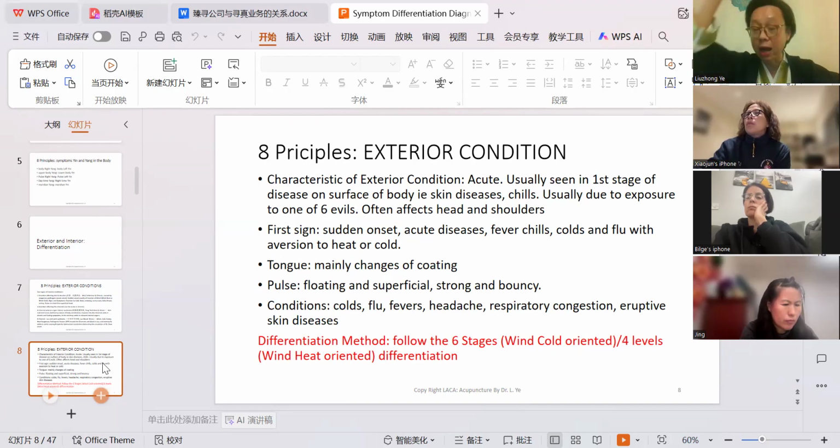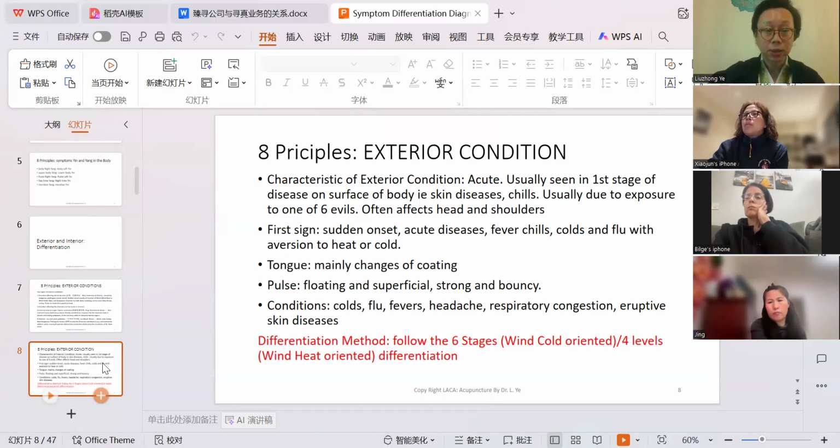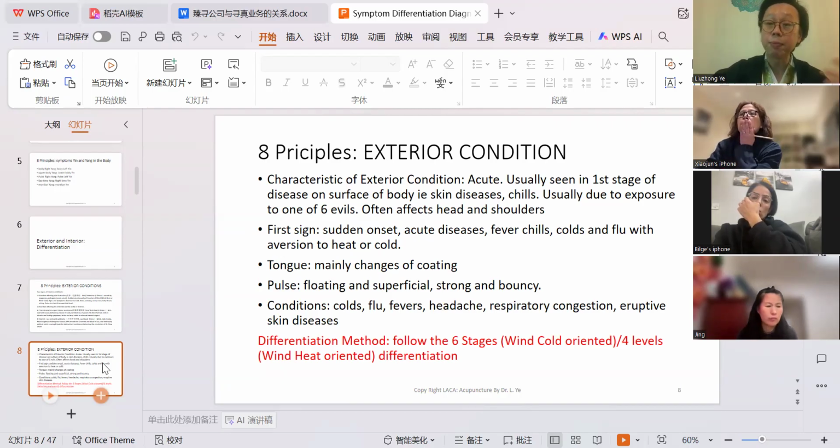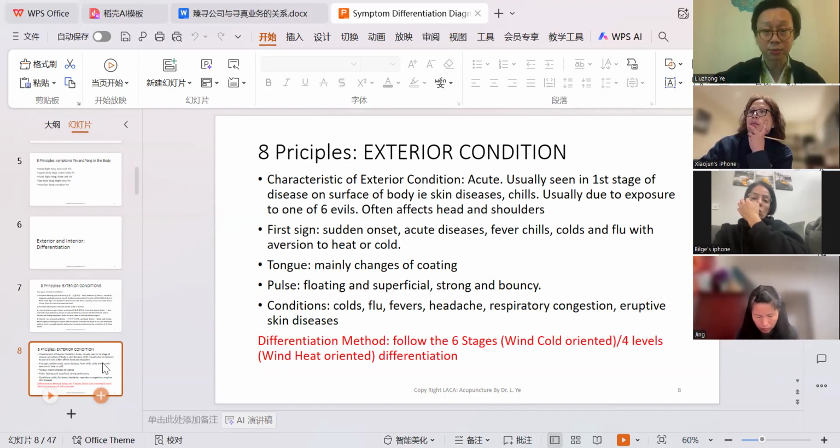So it brings everything up, causing the upper body to be affected to start with. And normally the first signs are sudden onset, acute disease, fever, chills, cold, and flu with aversion to heat or cold. Yeah. And then sometimes you can combine tongue or pulse reading to get more information and confirmation on that.